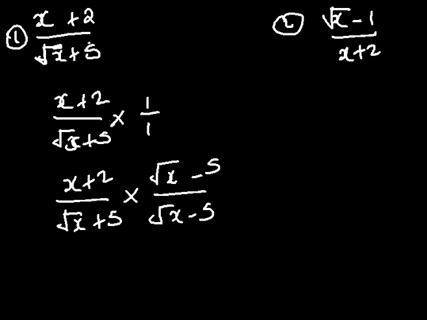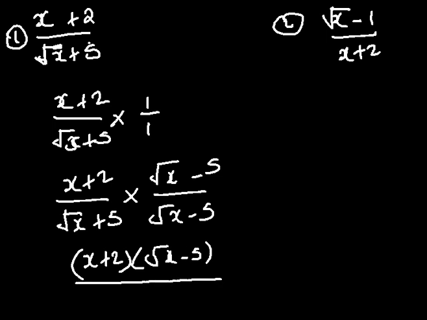We'll have that. Now we multiply this and this. So we have (x + 2) times the square root of x minus 5, divided by the square root of x plus 5 times the square root of x minus 5.